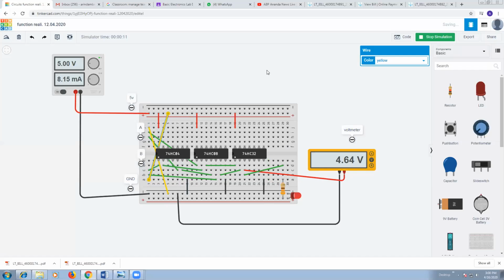Okay, got it? Any queries, students? Please stop this song. If you have any query, then please tell me, or if it is clear, then write in your chat box okay, sir, or it is clear.